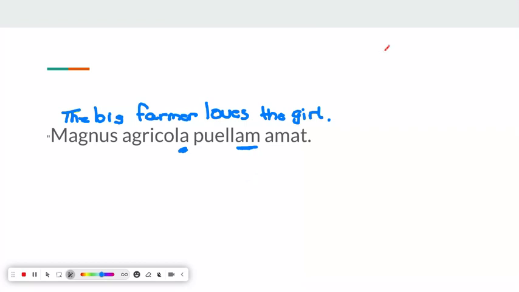Remember, when we decline, we said ah. So this is the nominative case right there, and the um is the accusative case. That's the object of the verb, whereas the farmer is the subject of the verb. You see how the endings are different?